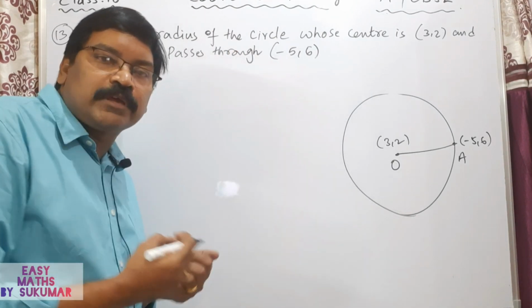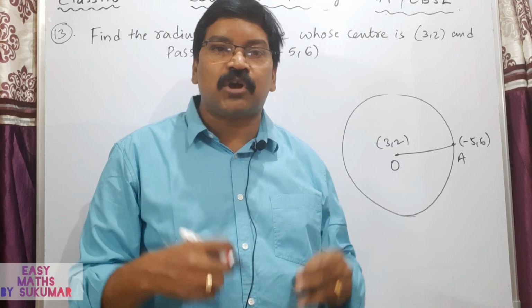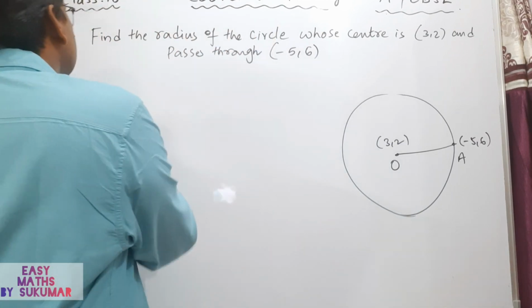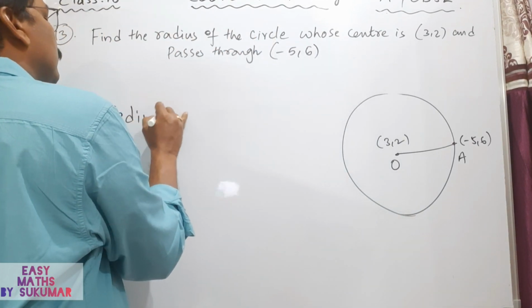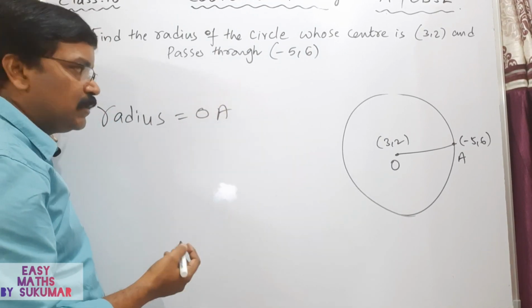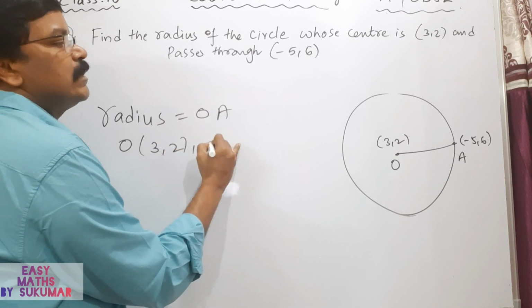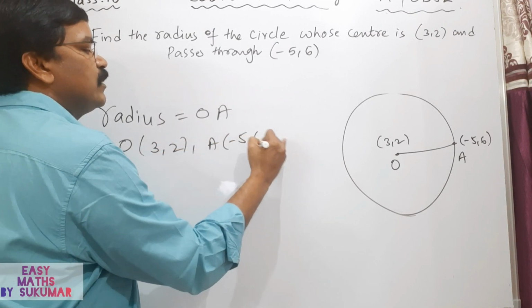So what is OA? The distance between the center and any point on the circle is called the radius. So the radius is equal to OA, the distance between the center and any point on the circle. Okay, what is O here? 3 comma 2 and A is minus 5 comma 6.